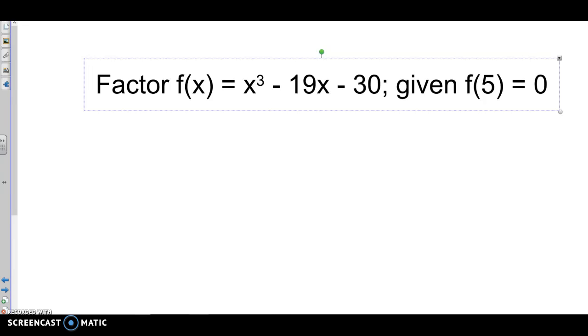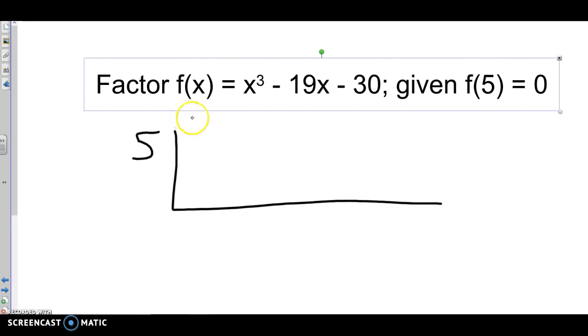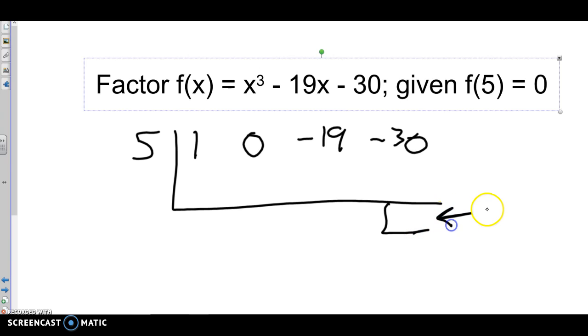So I want to factor this, given that f of 5 is a 0. If I'm told it's a 0, I'm going to use the 5. My coefficients, I have 1x cubed, 0x squared, negative 19x minus 30. Ideally, I want this right here to be a 0.